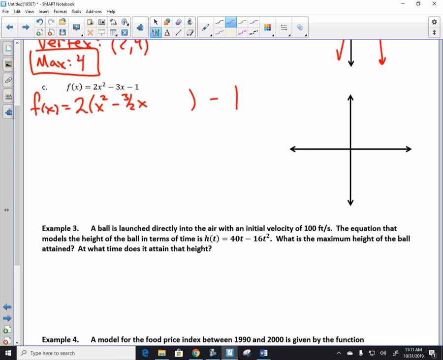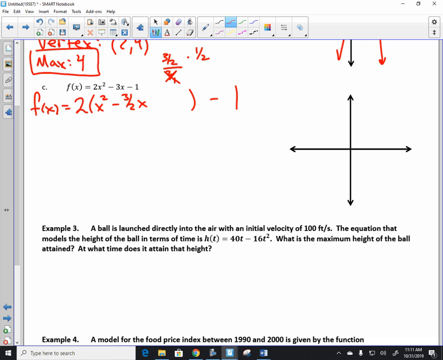So how do I determine what number I add to complete the square? Very good. Take this, divide by 2. So 3 halves divided by 2. I multiply by the reciprocal, and you get 3/4 squared is 9/16.